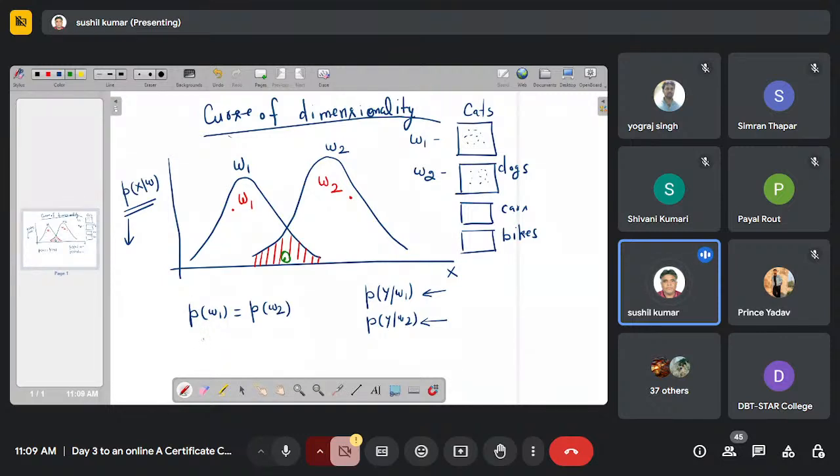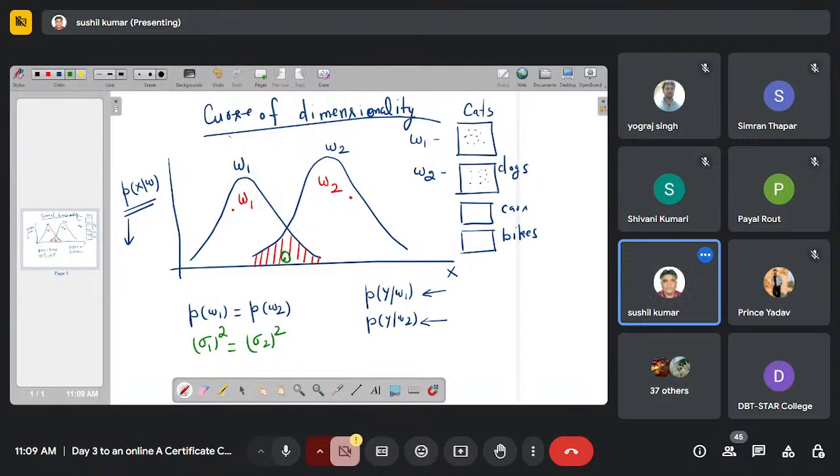You can calculate the variance for one class, and for another class, but chances are that it may also be the same. You can't say that it will always be different. So this is the area where you are getting the error.